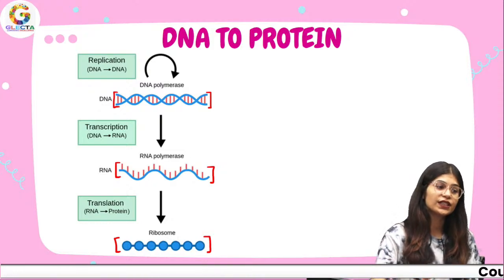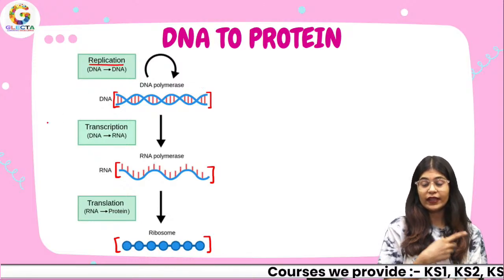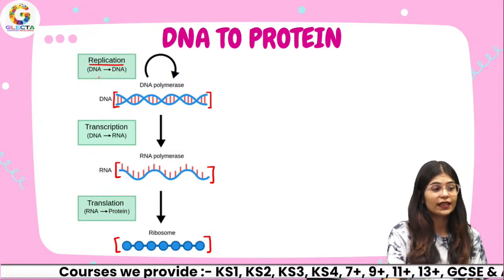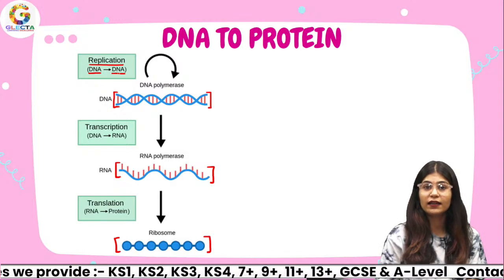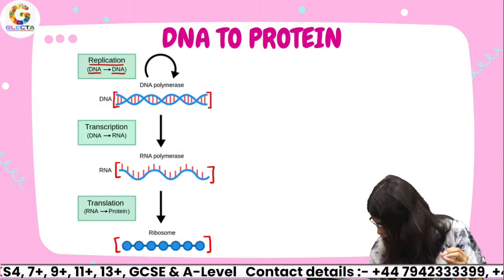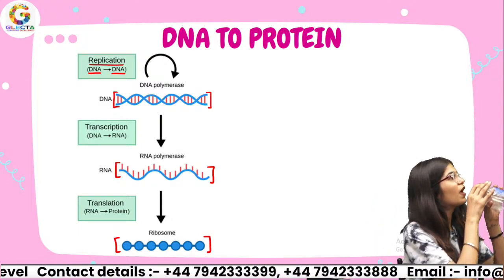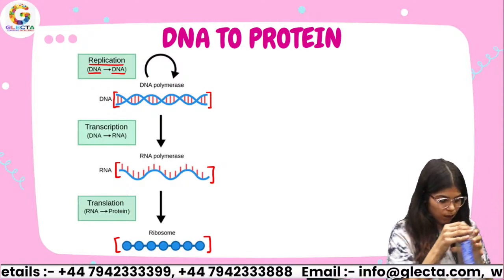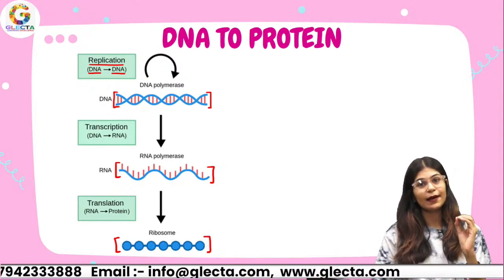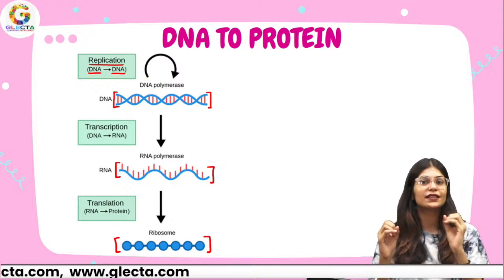So what happens is, first your DNA keeps on replicating. In every cell cycle, it will replicate so that it can make more and more DNA, so that every time a cell grows and divides, the cell gets the DNA.